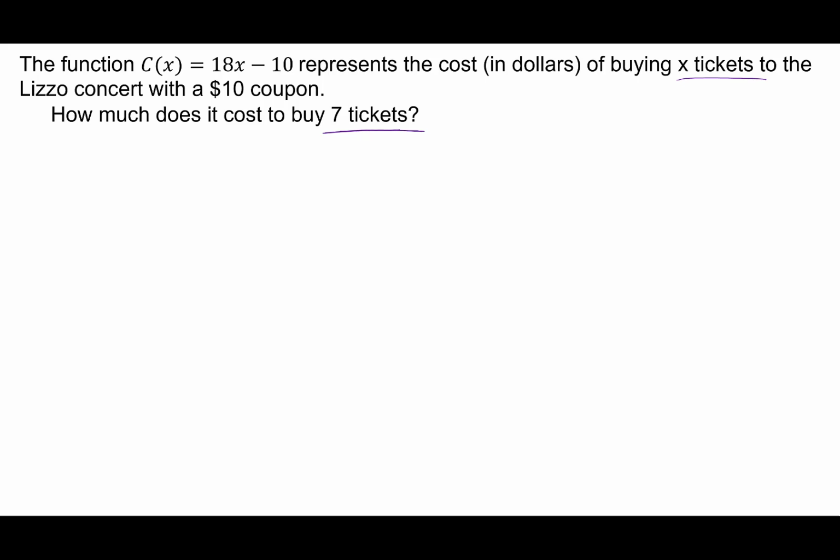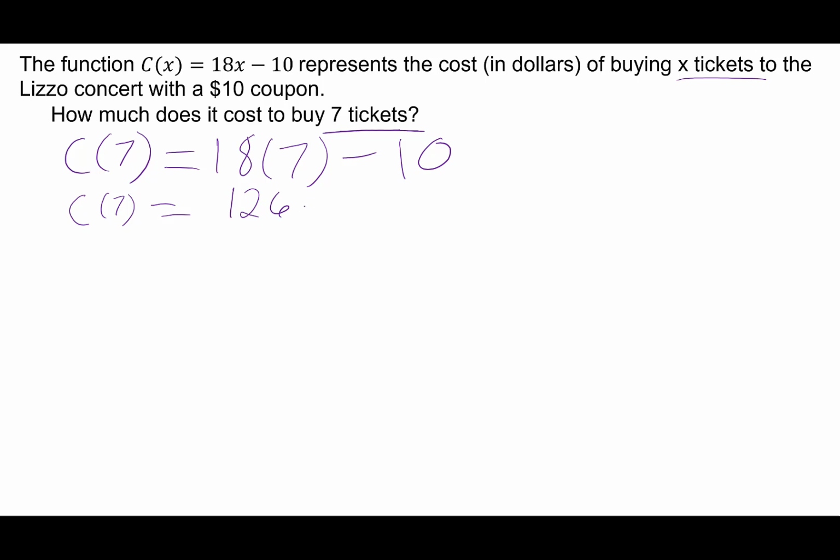So all I have to do is plug in for x, and I'm looking at c of 7 is equal to 18 times 7 minus 10. 18 times 7 is 126 minus 10. So c of 7 is equal to 116.